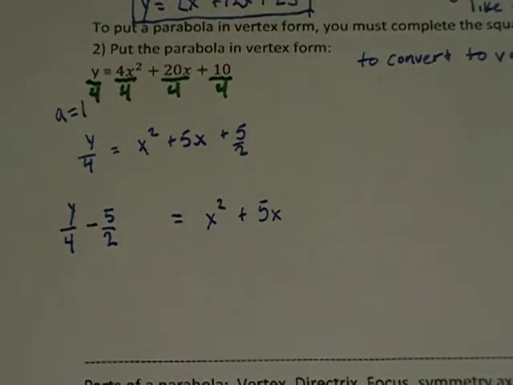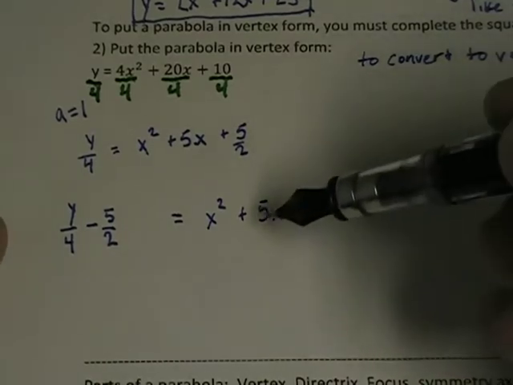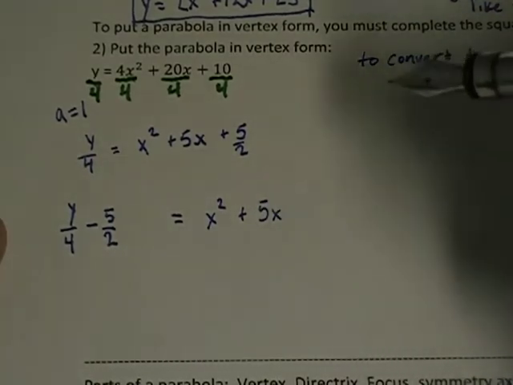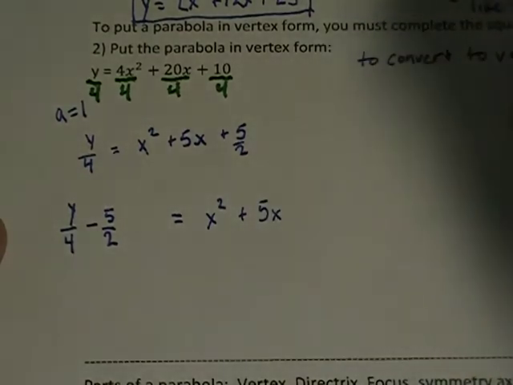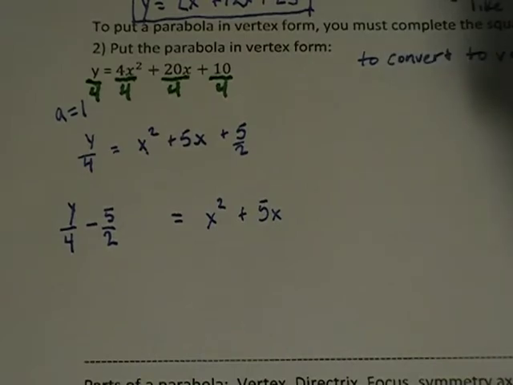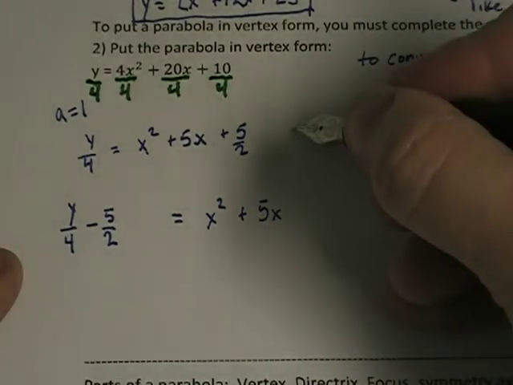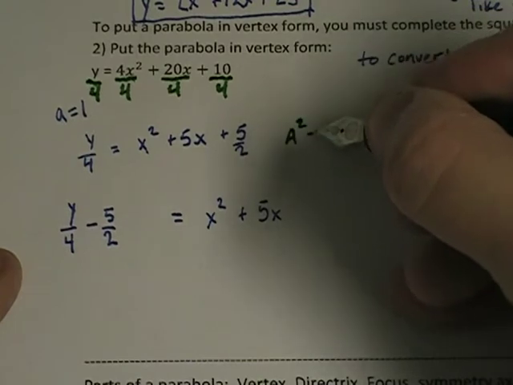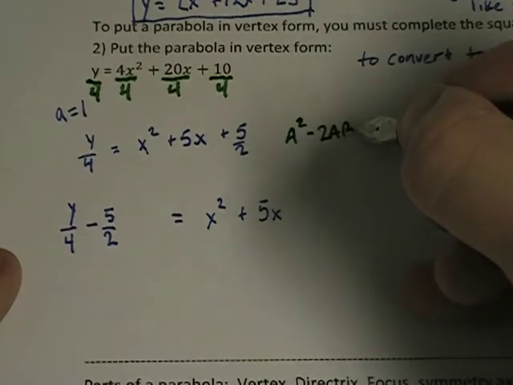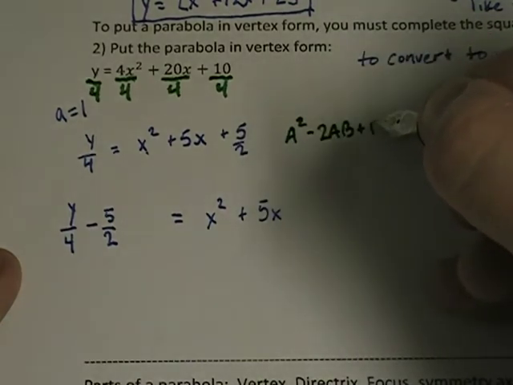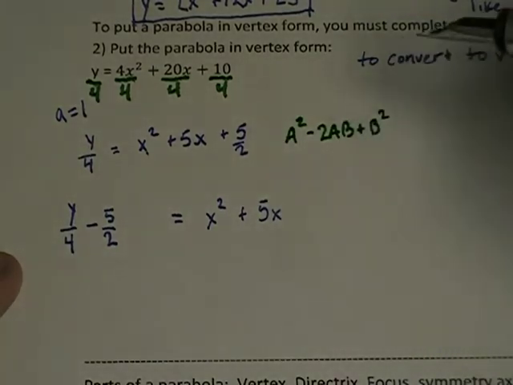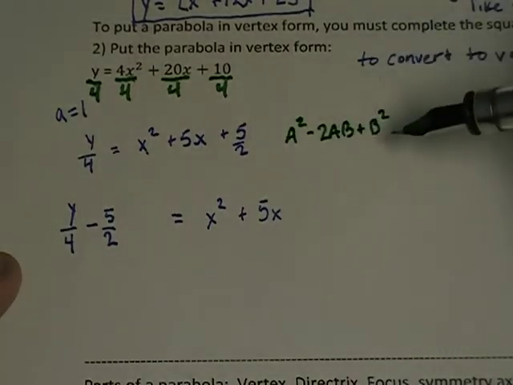Now, when we cover this in algebra, I explain this in a little more detail. But if you remember these old perfect square trinomials, very much like this first example, right? x plus 3 times x plus 3, or x plus 3 squared, right? They looked like this. It was a squared minus 2ab plus b squared. Or it could be a squared plus 2ab plus b squared.